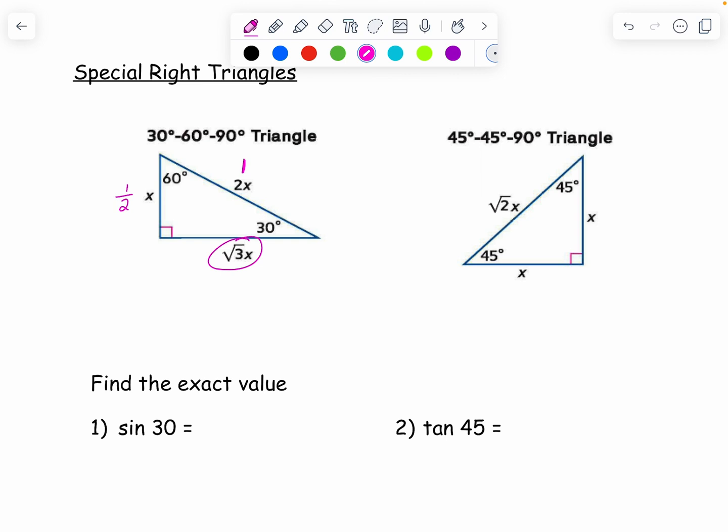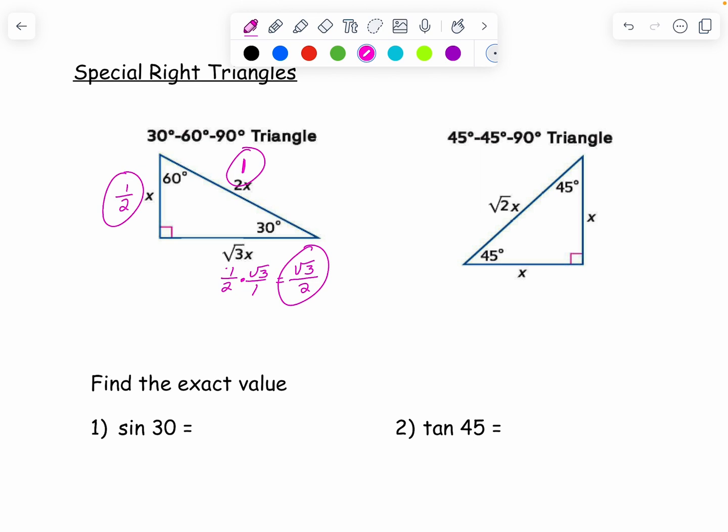Now, the long leg here is going to be whatever x is, 1/2, times the square root of 3. So if I do 1/2 times the square root of 3, which is technically over 1, then this is going to give me square root of 3 over 2. So we want to kind of remember those. Those are going to come up again when we go over 4.3, so kind of keep those in mind.